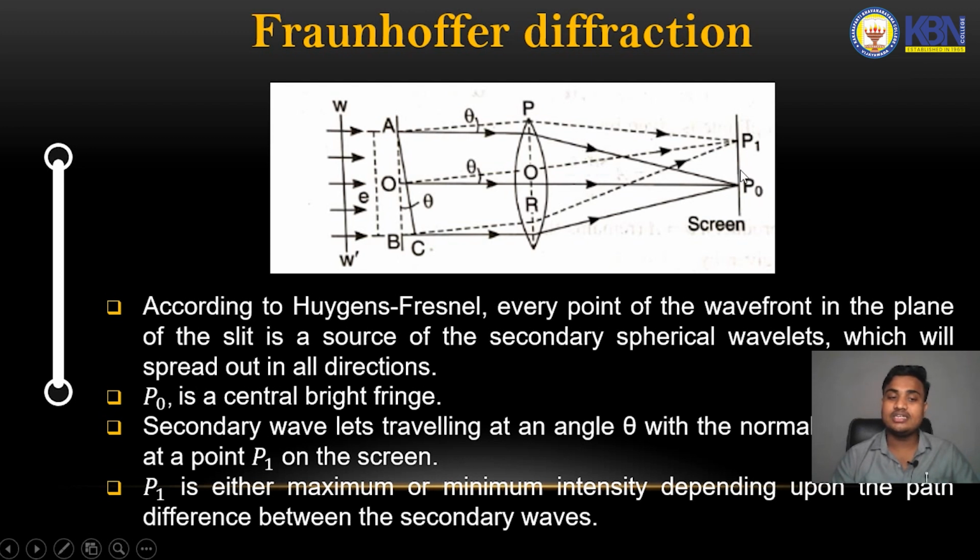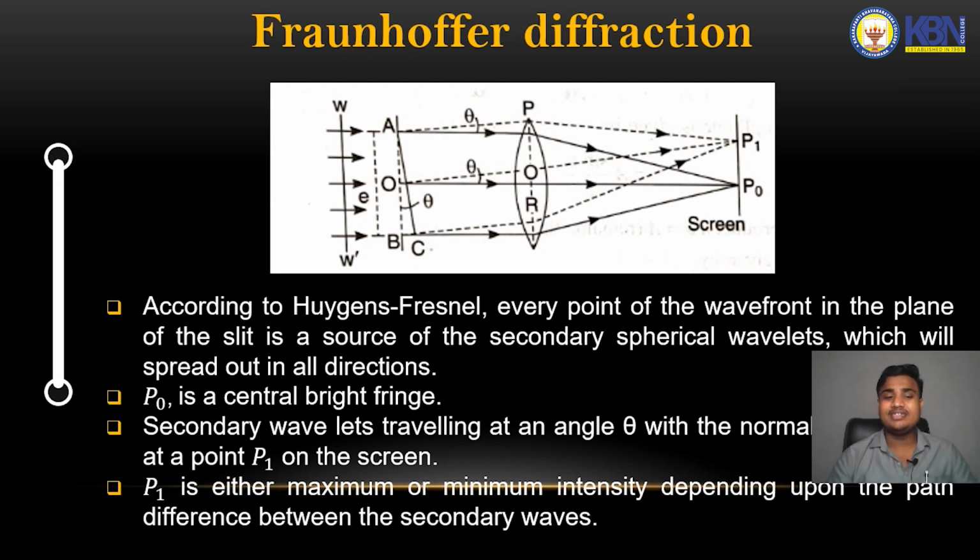P0 is the central bright fringe. The secondary wavelets travel at an angle theta with the normal to a point P1 on the screen.